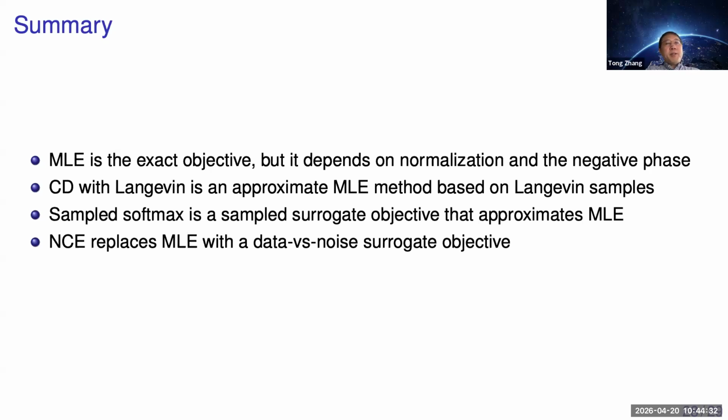NCE replaced this maximum likelihood estimate with a data versus noise surrogate loss. Compared with CD and sampled softmax, the advantage is that it's precise, but the disadvantage is that it's probably more sensitive to the Q function, the proposal or noise distribution.